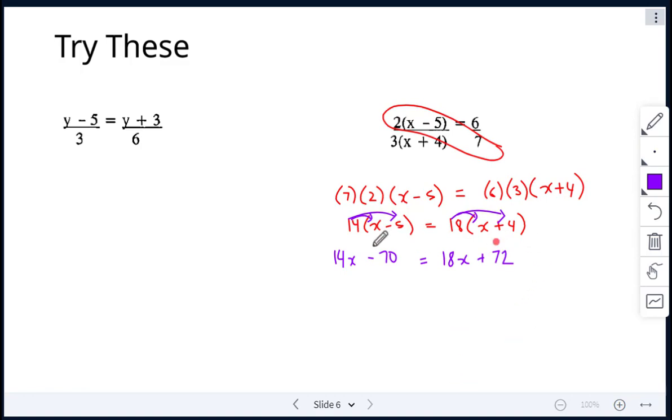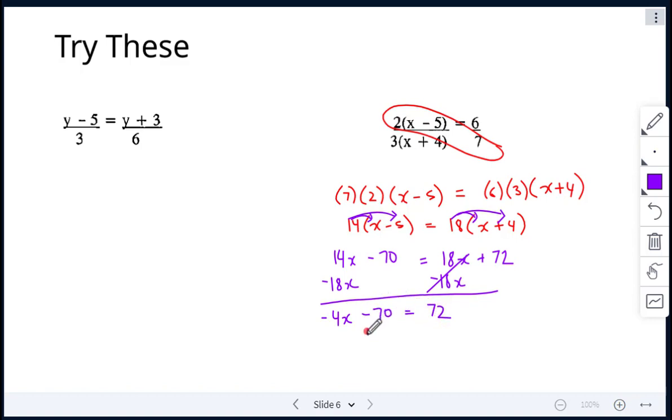All right, so now it looks like an equation that we're familiar with, I think like it's a type 3. So we can go ahead and bring the 18x over to this side, to the left side. So here we will have negative 4x minus 70 equals 72.